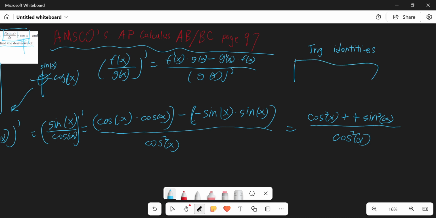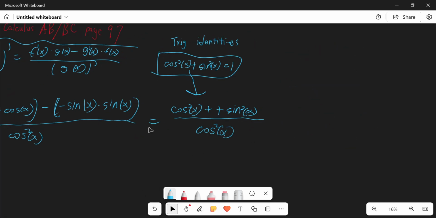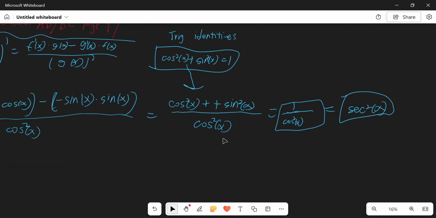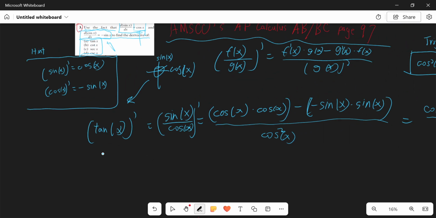Well, in particular, cos squared x plus sine squared x equals 1. This fits our case, which will just equal 1 over cosine x squared, which you can further simplify to sec squared x, which will be our final answer. And we will be moving on.